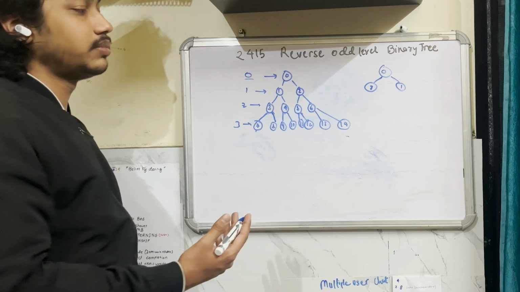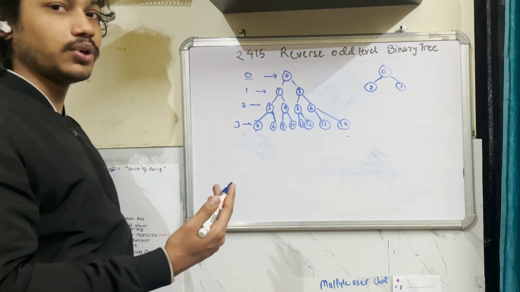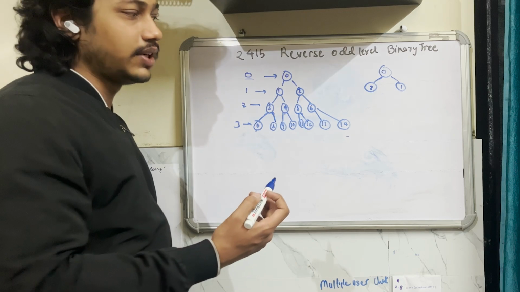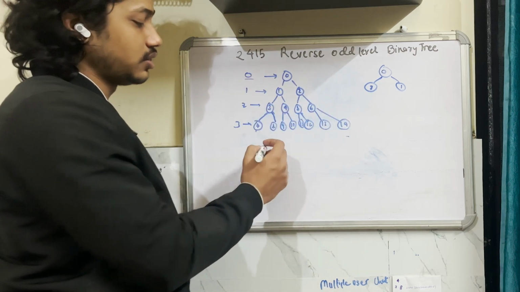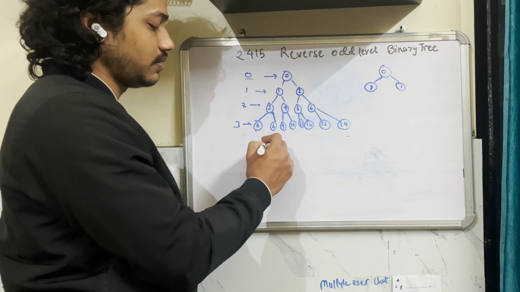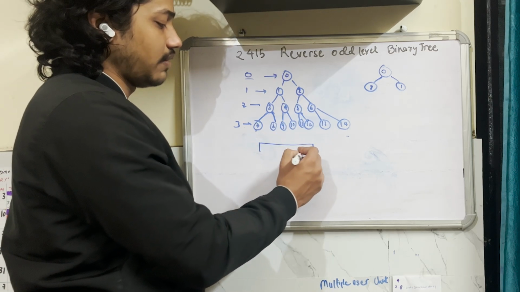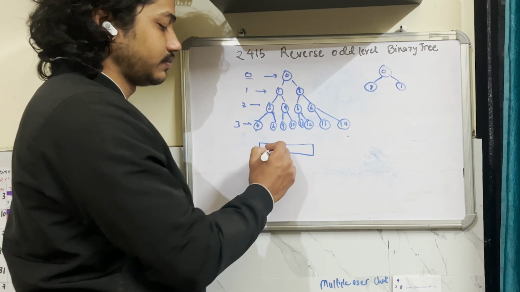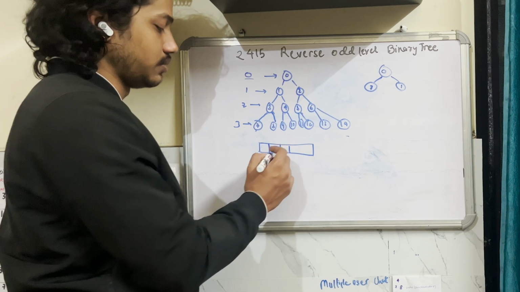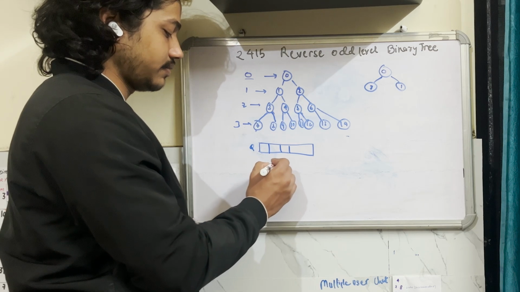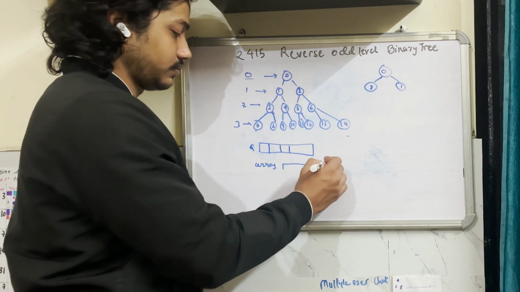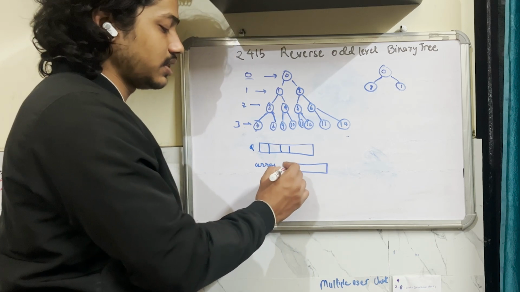The simple answer: I suggest watching my zigzag traversal video, which went left to right, then right to left, then left to right. You can have an array and a queue. This is your queue, this is your array. The code is pretty similar.